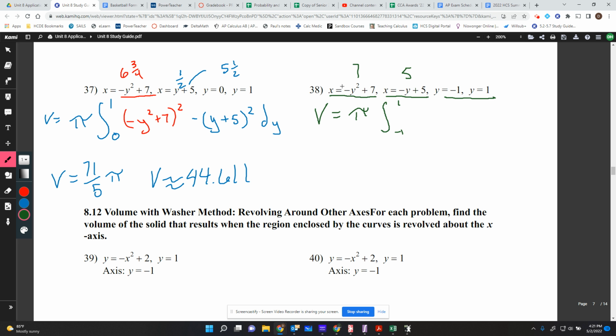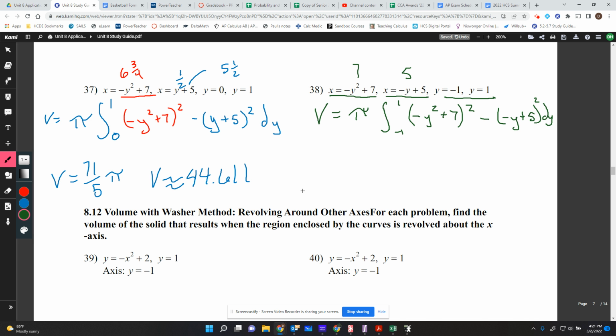So this first function is the one that's further away from the axis of rotation, and it's greater than this one, so we're going to subtract the -y plus 5. That's running out of room, but I need a dy on there.